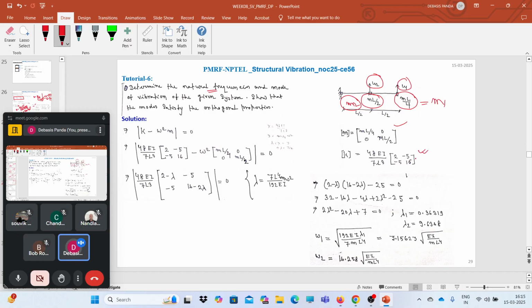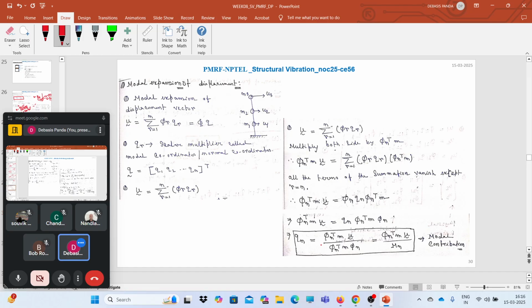You don't need to calculate it. What you need to do is find the determinant of the characteristic equation and solve it, and you will find the omega 1 and omega 2 values. Once you find omega 1 and omega 2, you can say these are the first two natural frequencies of the system, and we can find the corresponding mode shapes.